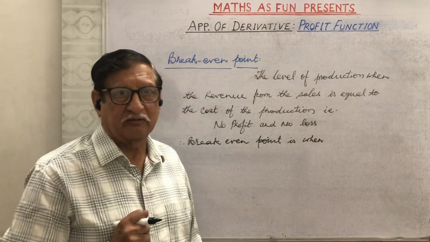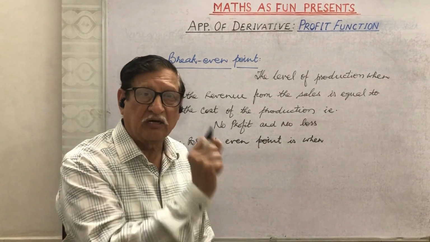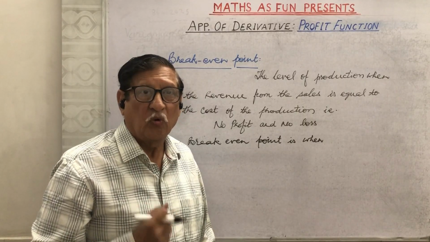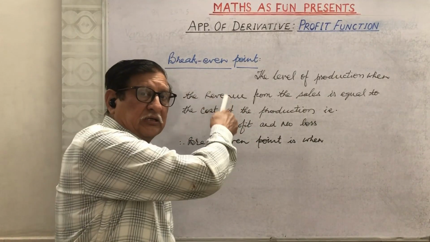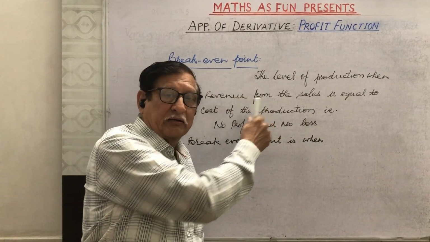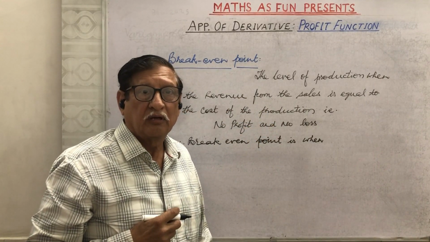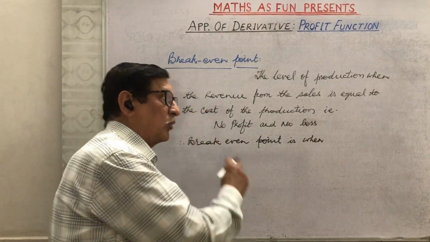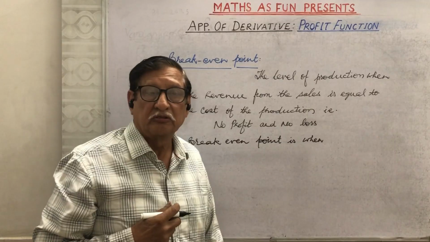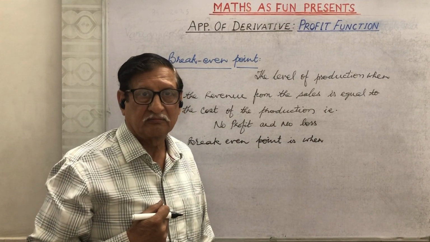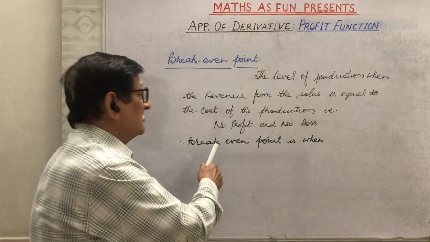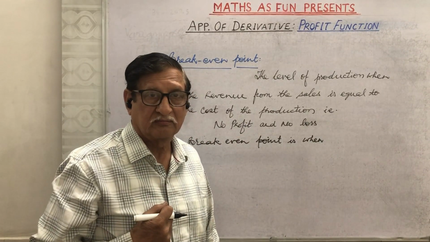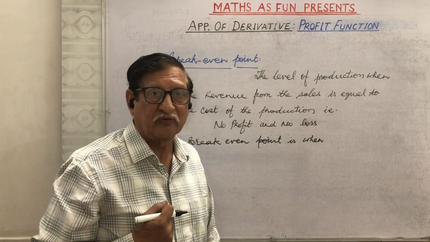What is break-even point? Break-even point is the level of production, that is x, when we find that the revenue collected by selling some of the items is equal to the cost of the same number of production. It means we can say when there is no profit and no loss, that is the break-even point.